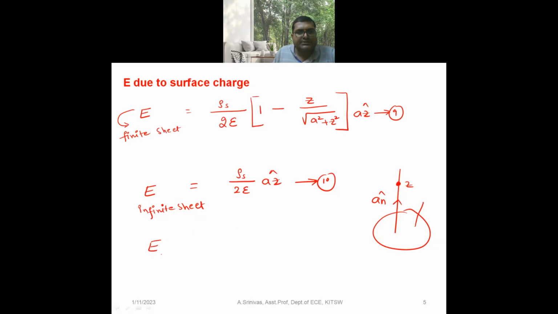This can be generalized as, for infinite sheet, E is equal to rho s by 2 epsilon an cap. An cap is along the direction which is perpendicular to the sheet of charge.